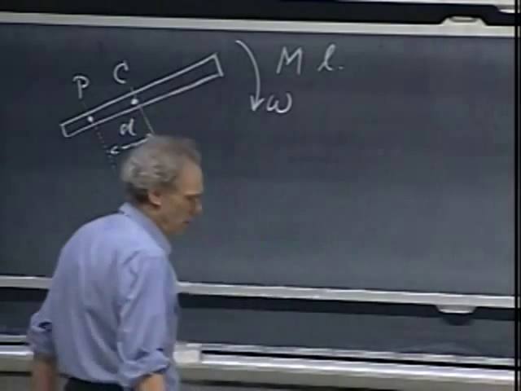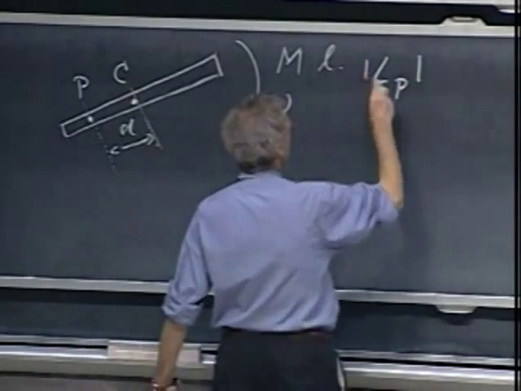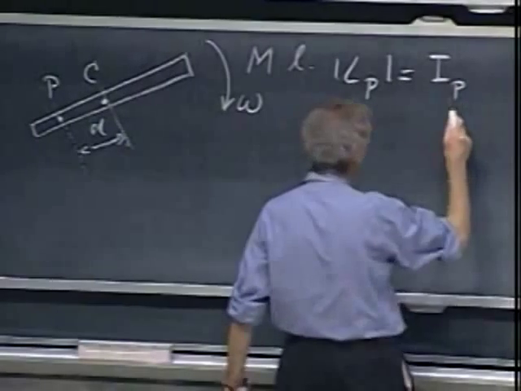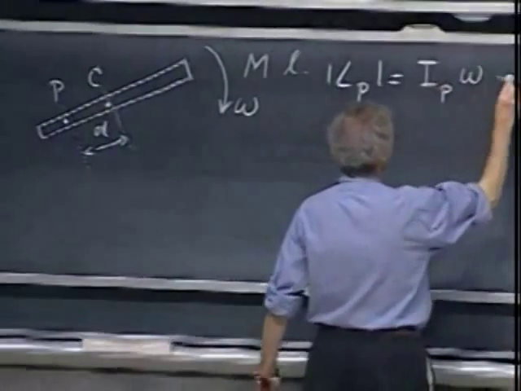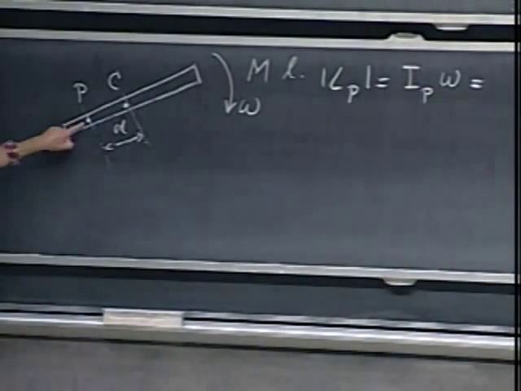I'd like to know what the magnitude is of the angular momentum relative to point P. And for that, I go immediately to equation 5. So that tells me that it is the moment of inertia about that axis through point P times omega. I remember the parallel axis theorem.